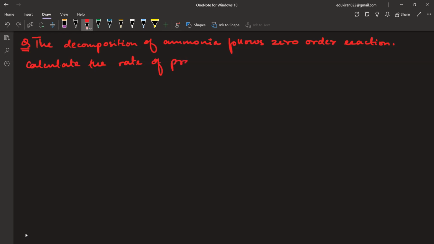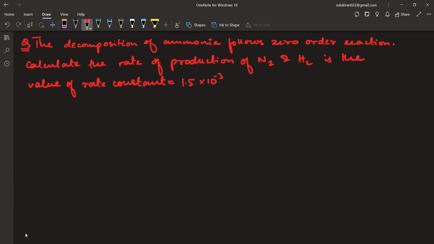Calculate the rate of production of N2 and H2 if the value of the rate constant is given as 1.5 into 10 to the power minus 3 moles per liter per second.